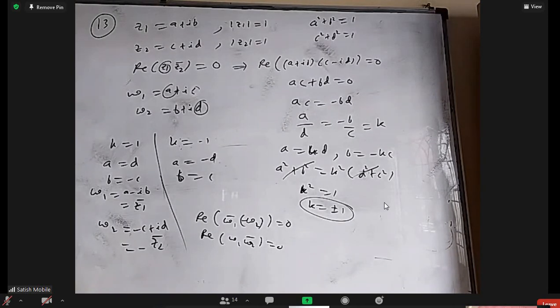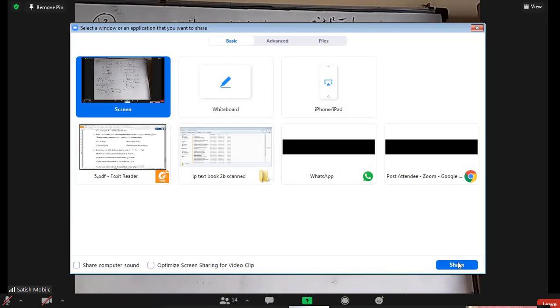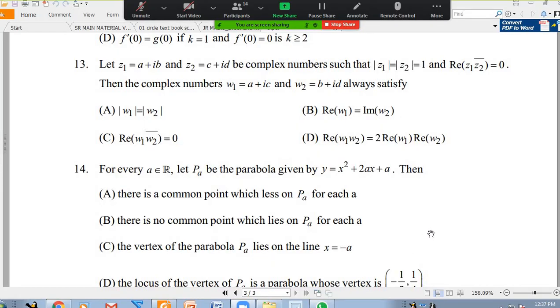Next, what else? Real part of W1 into W2 is the same as 2 into real part of W1 into real part of W2. I don't think so. Because when you multiply them, what is the real part? AB minus CD.